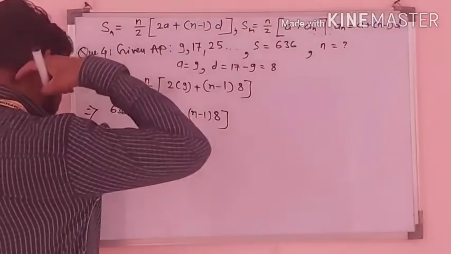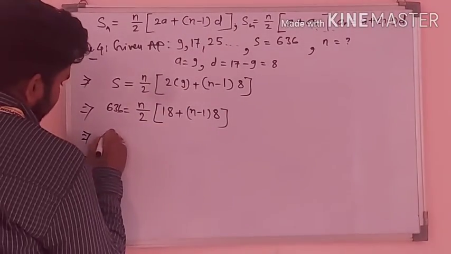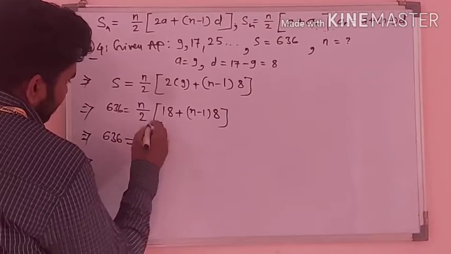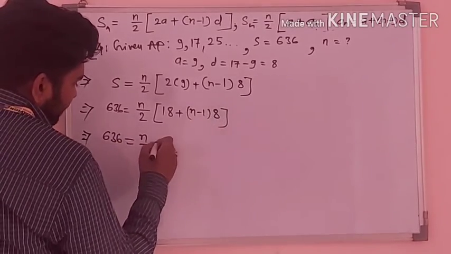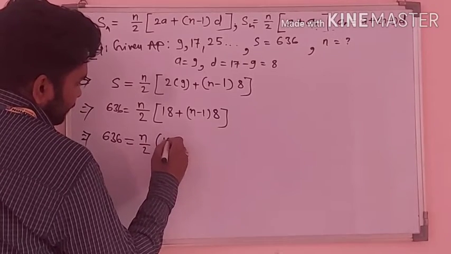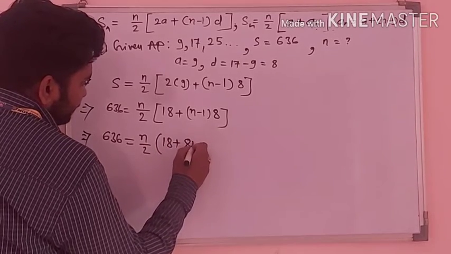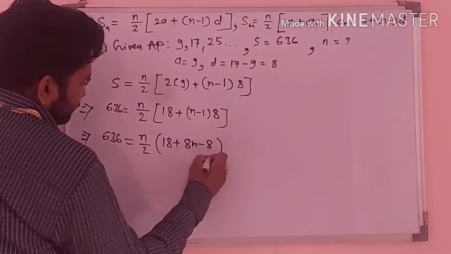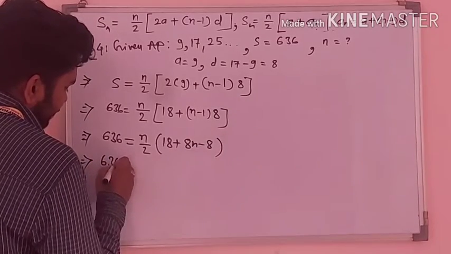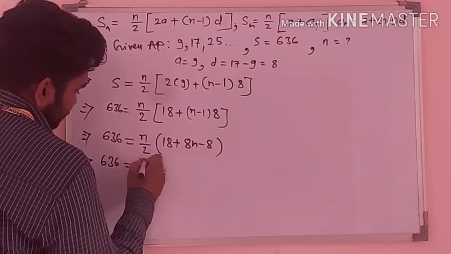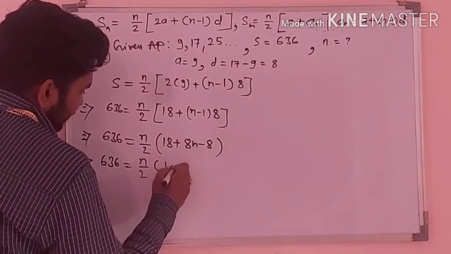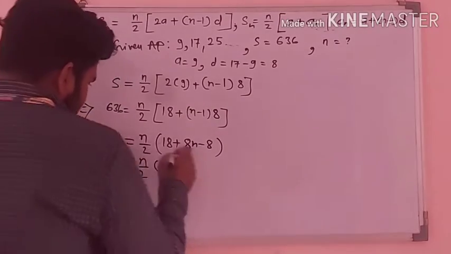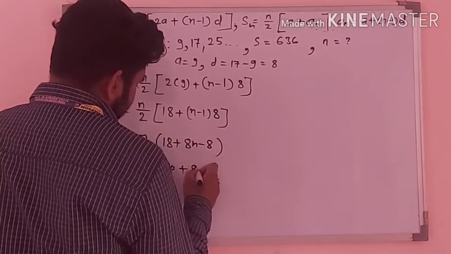Okay, so this one is 636 is equals to n by 2, multiplying this n, that means we get 18 plus 8n minus 8, that means we get 636 is equals to n by 2, 18 minus 8, that means it becomes 10, and plus 8n.